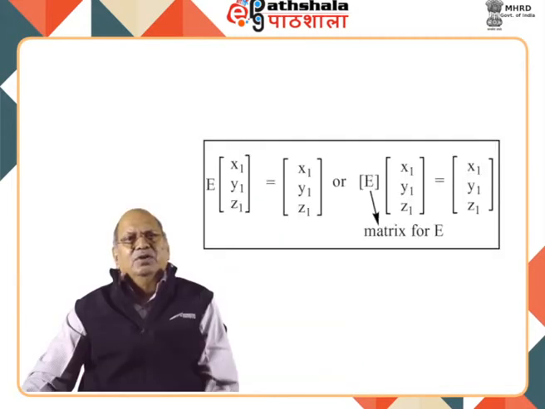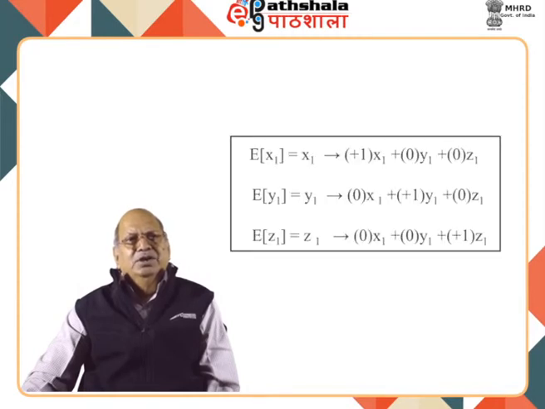Let us see the effect of the E operation. E operating on the general point x1, y1, z1 gives x1, y1, z1 because it does not change anything. In equation form, E operated on x1 gives x1, that is plus 1 x1, 0 y1, 0 z1. Similarly, E operated on y1 gives 0 x1 plus y1 plus 0 z1.